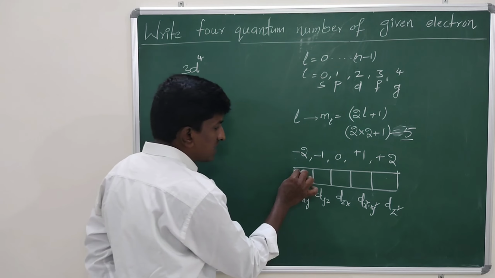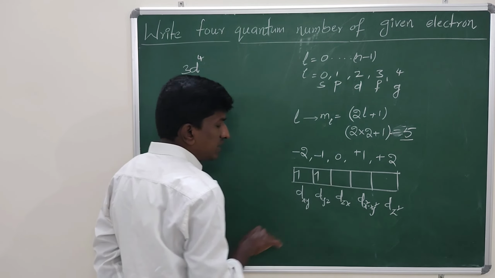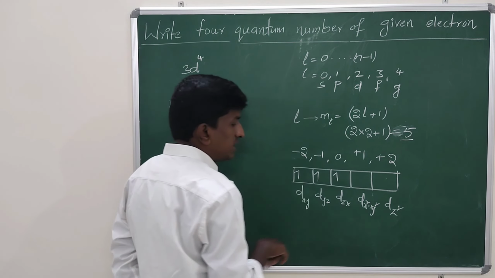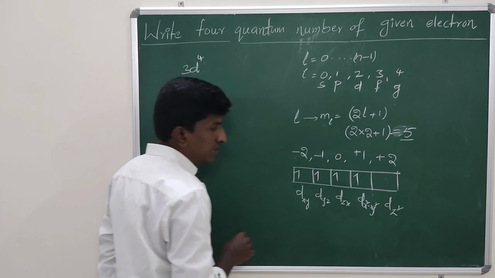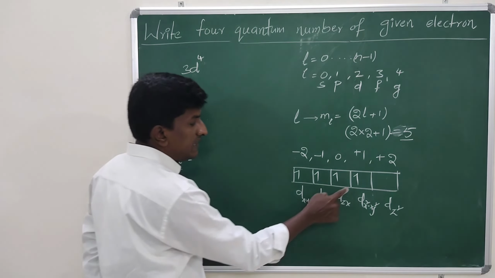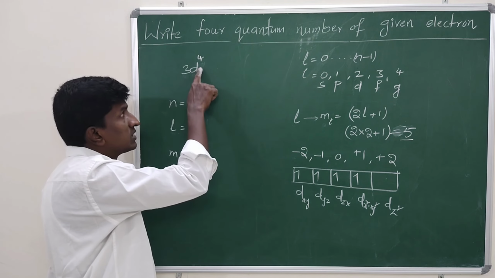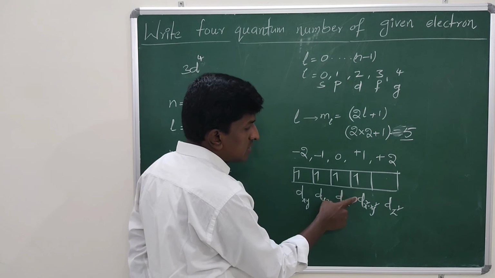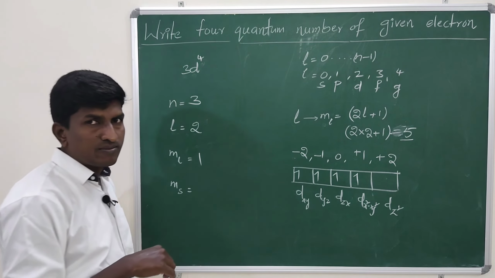The first electron is filled in dxy, the second electron in dyz, the third electron in dzx, and the fourth electron in dx square minus y square. We need the magnetic quantum number of the 3d4 electron, the fourth electron. Its value is plus 1.